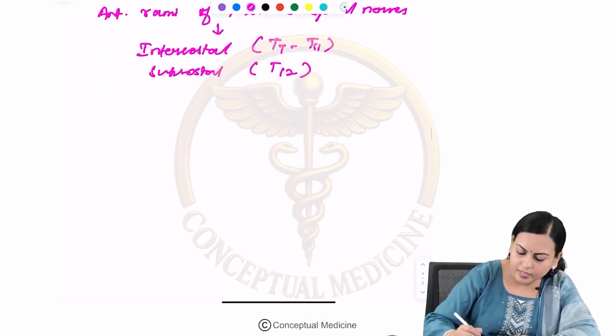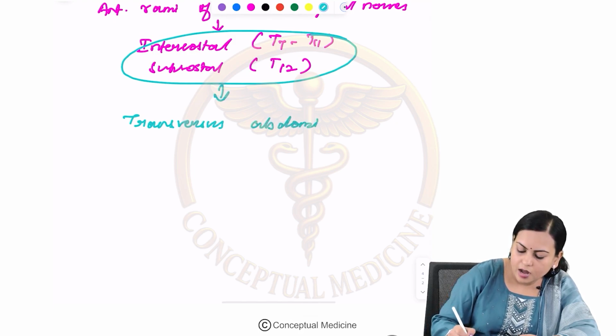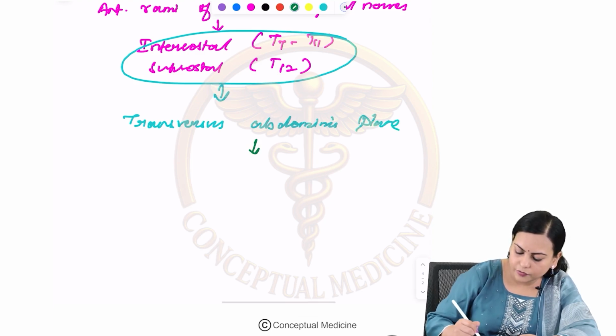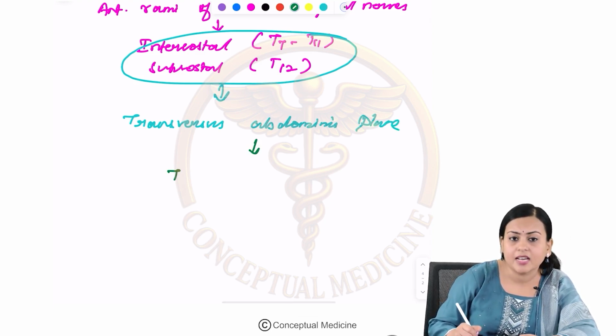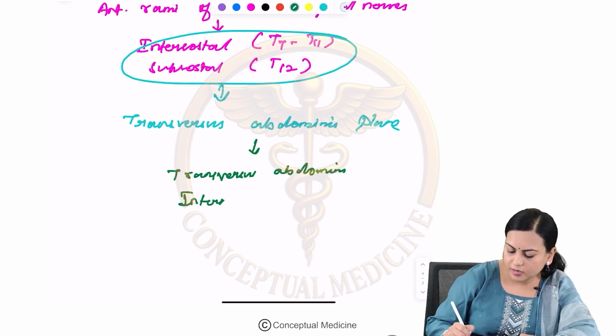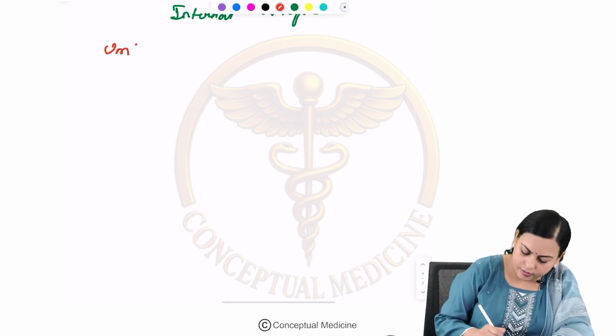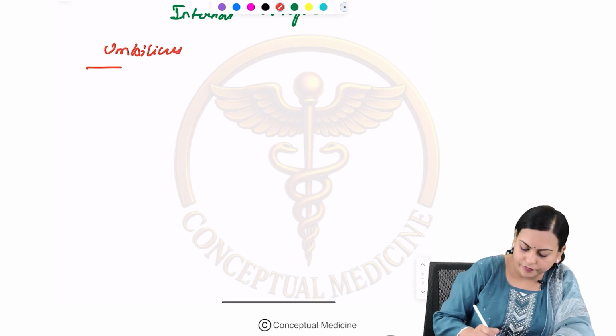These intercostal and subcostal nerves will lie in a plane called the transversus abdominis plane. This plane is seen between the two muscles, namely the transversus abdominis and the internal oblique.